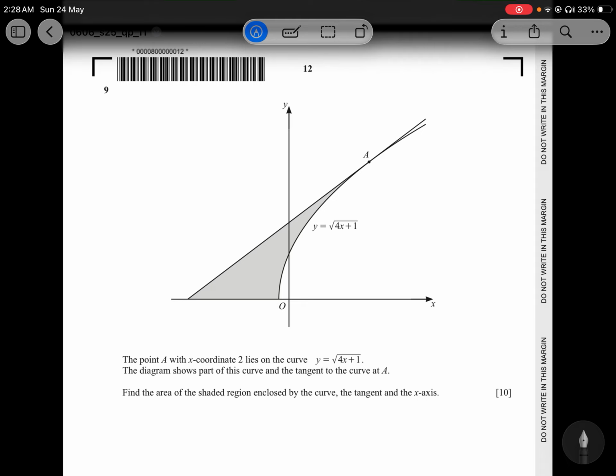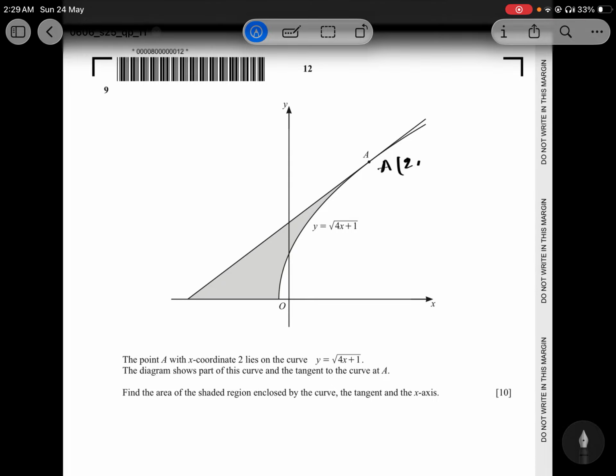Acha, the point A with x coordinate 2 lies on the curve y. Okay, so our A, its x value is 2. The diagram shows a part of this curve and the tangent at A. Find the area of the shaded region enclosed by the curve.